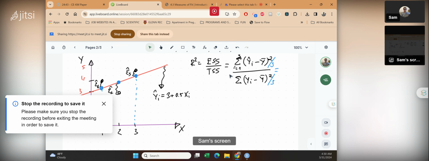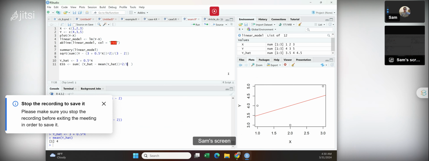The 3's are falling out of the arithmetic, and therefore I didn't write them. But in reality, when you say ESS, that is actually the sum of squared deviations of the points on the line from the average, divided by the number of data points. Okay, so here this is the ESS.